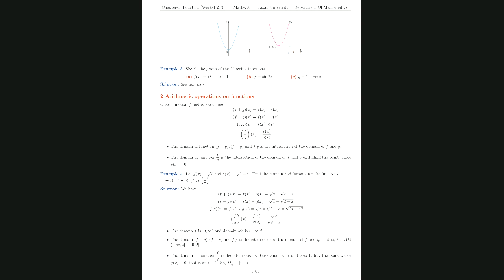Next point, arithmetic operations on functions. Remember this: (f plus g)(x) equals f(x) plus g(x).